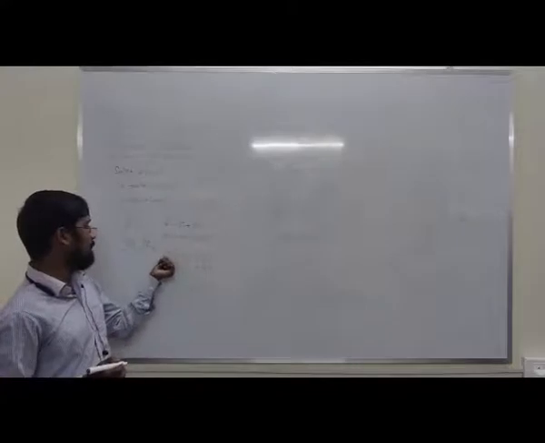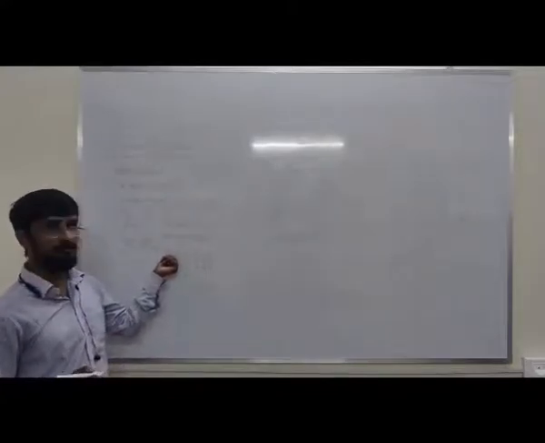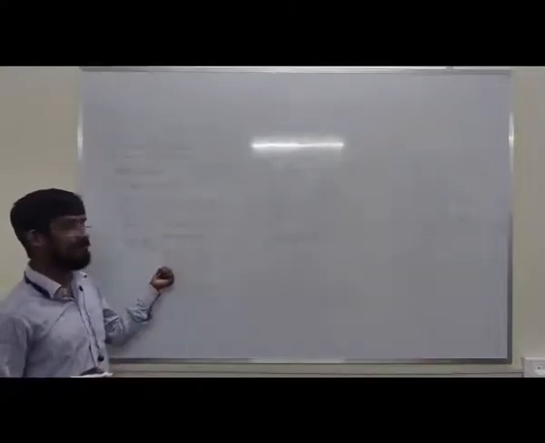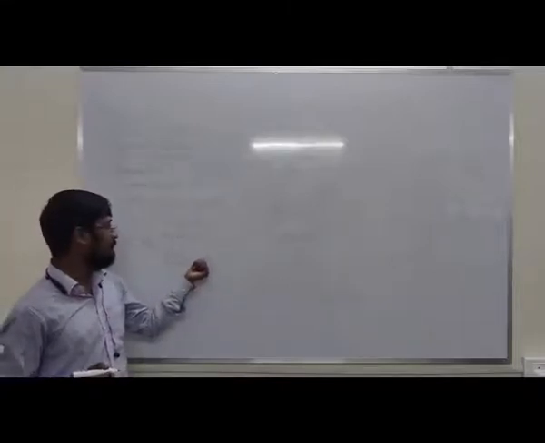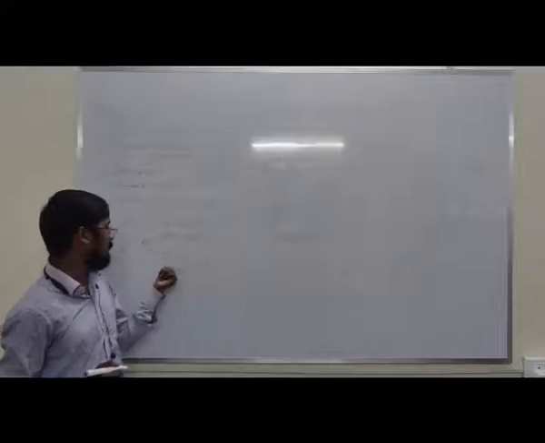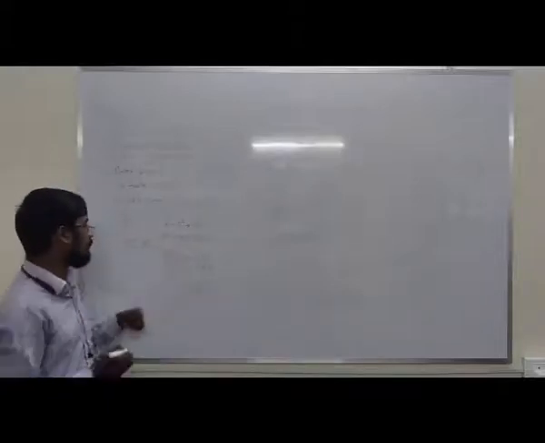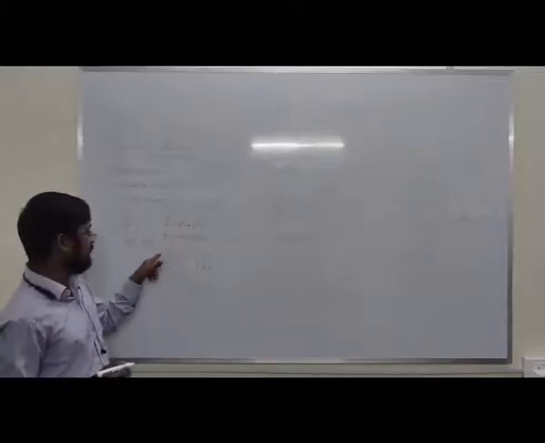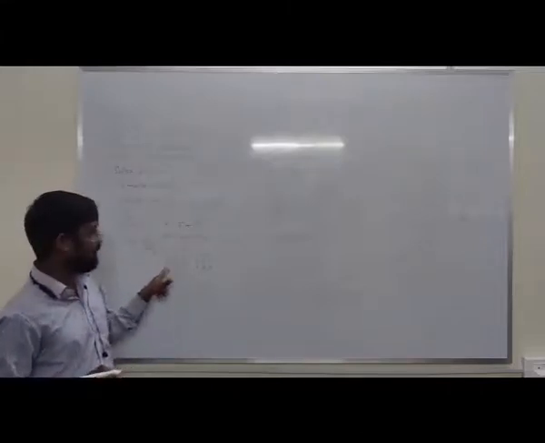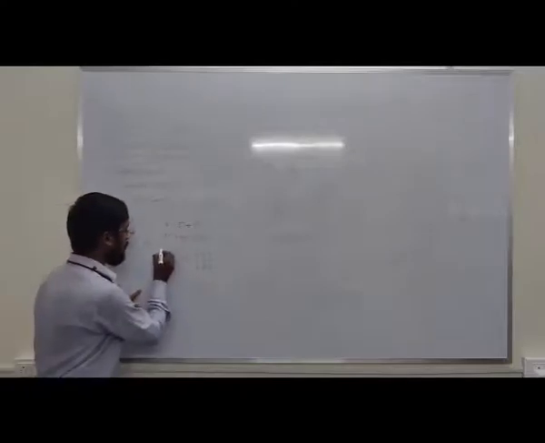P stands for perpendicular, B stands for base, and H stands for hypotenuse. In Hindi, perpendicular is lamb, base is aadhar, and hypotenuse is karn. So you can remember this as P B P by H H B. Now you have to remember one thing.